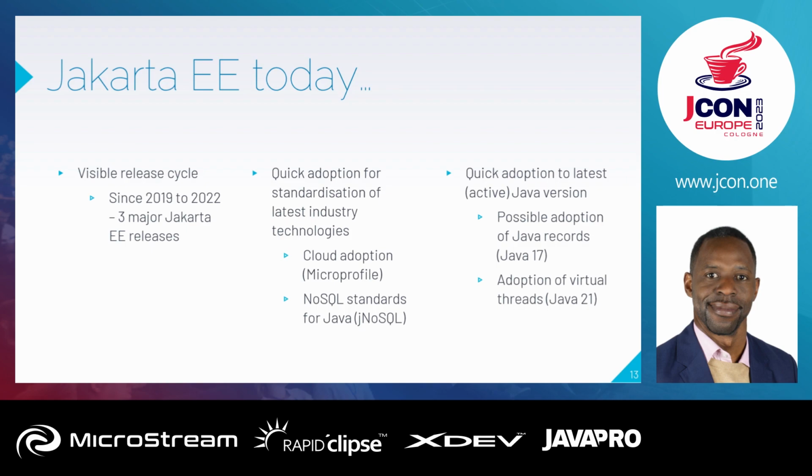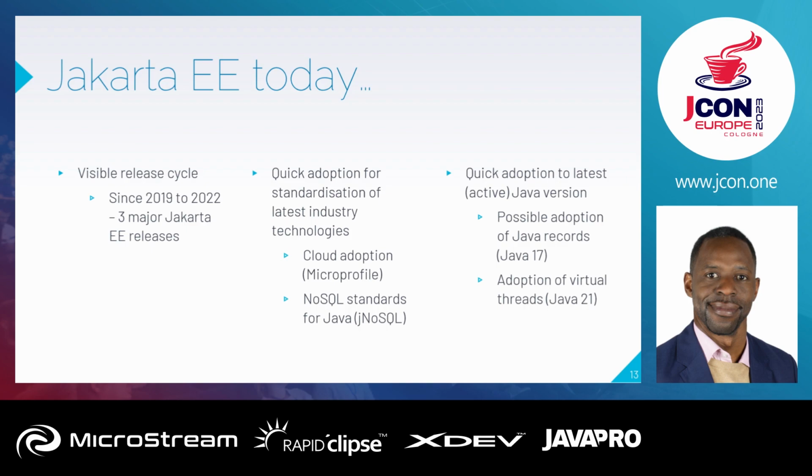And now they're also trying to integrate Jakarta Data, which Emily spoke about yesterday, and JNoSQL. That's the future potential implementation of the framework for NoSQL databases. And also, they're now quick to adopt the latest JDK.